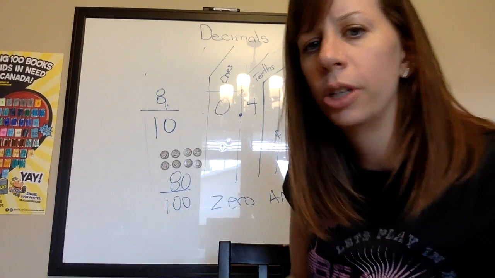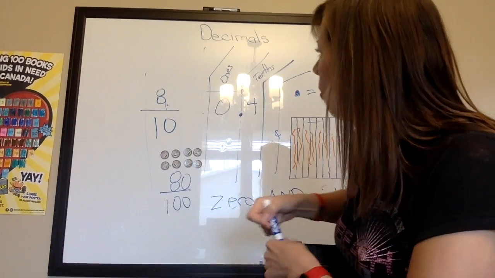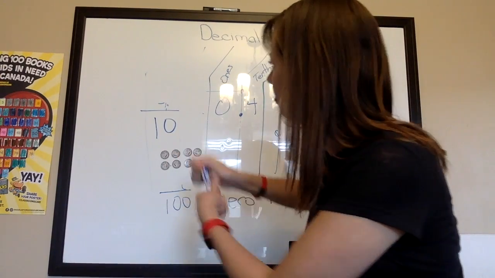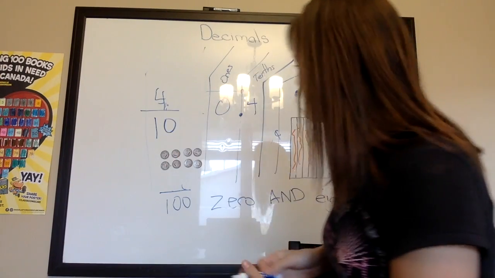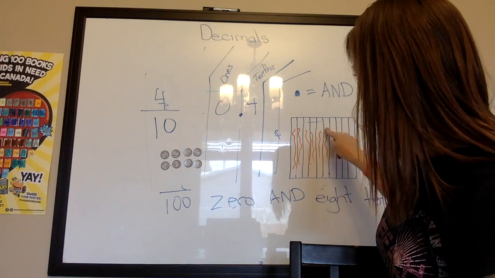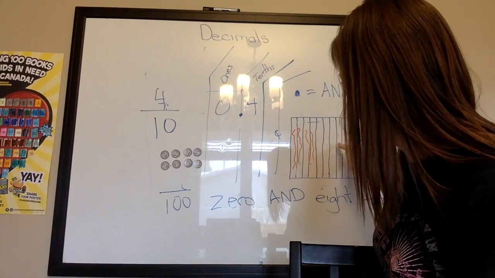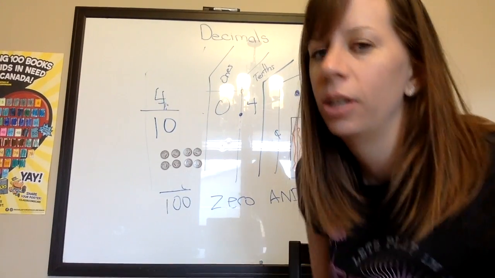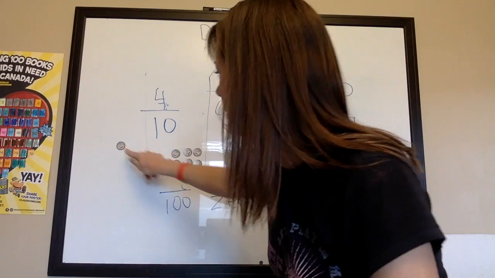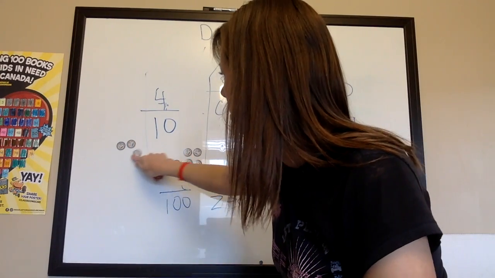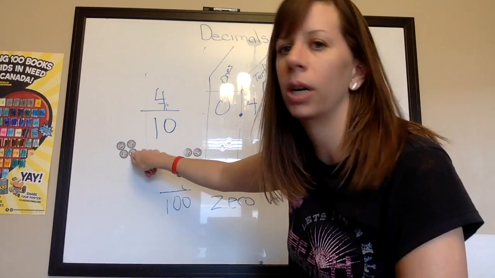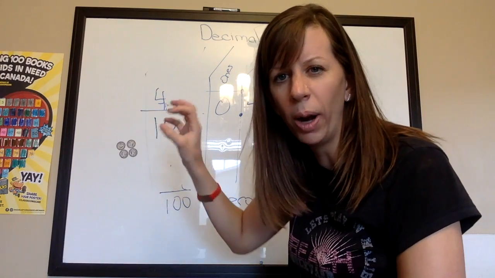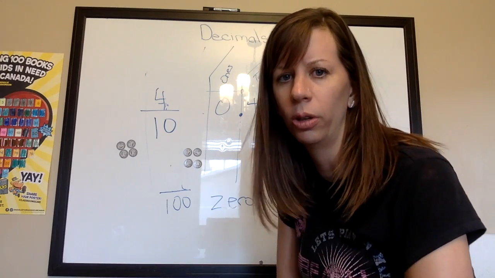The next thing you learned was that 4 tenths is the exact same as 40 hundredths. So if we took 4 tenths, 1, 2, 3, 4, we have 40 out of the 100 cents that makes $1.